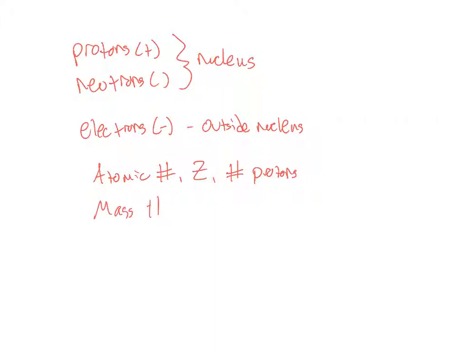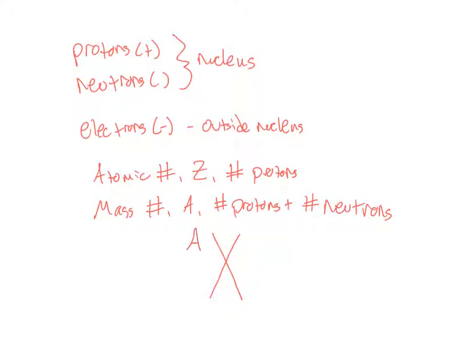We also have mass number, denoted with an A, equal to the number of protons plus the number of neutrons in the nucleus. And then we have our basic elemental notation. Element X, with the mass number A, written as a superscript to the left, and the atomic number Z, written as a subscript to the left.